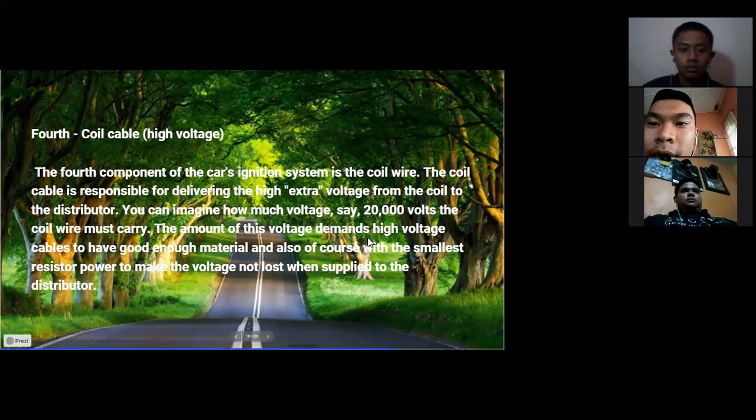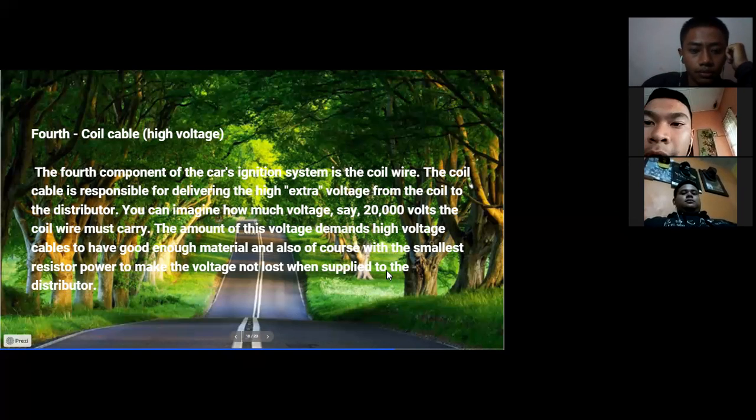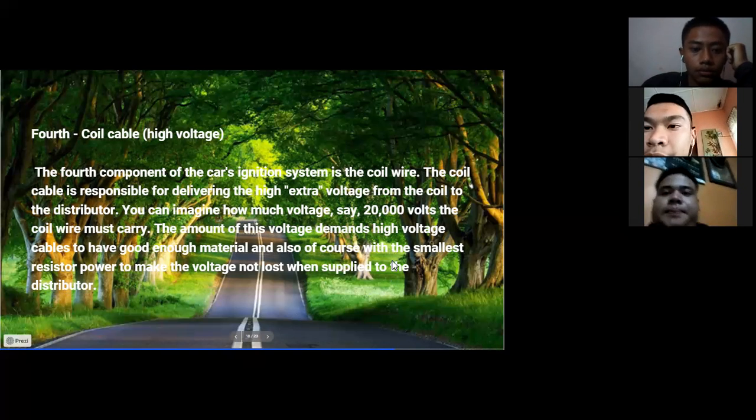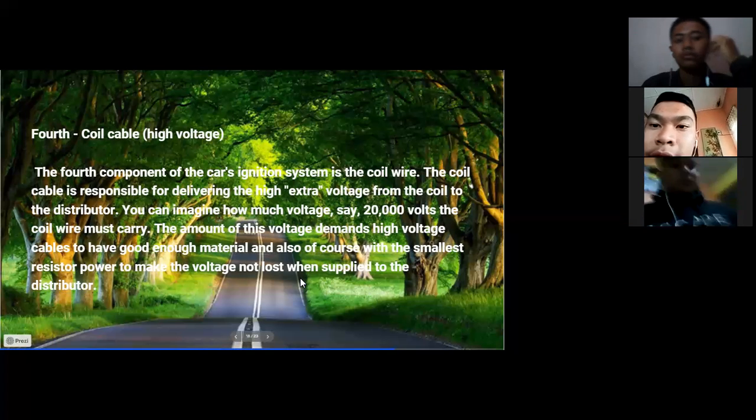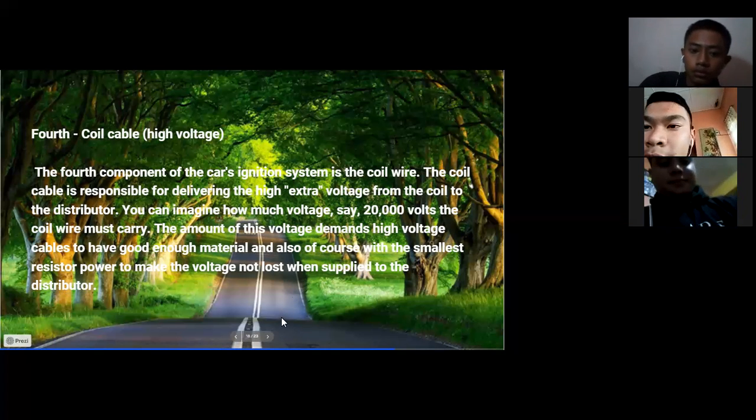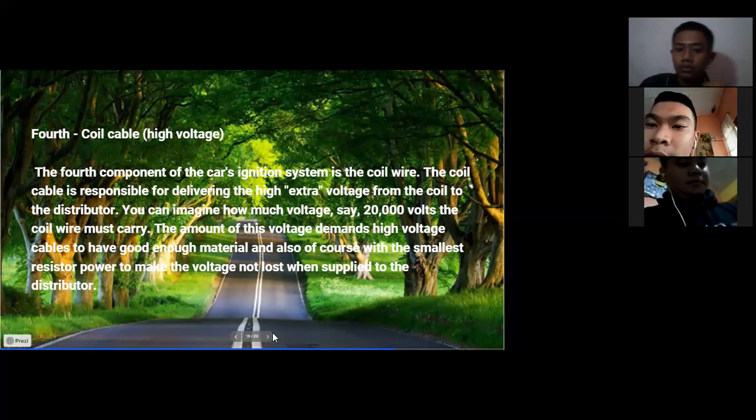The amount of this voltage demands that the high voltage cable has good enough material and, of course, the smallest resistance so that the voltage is not lost when supplied to the distributor.